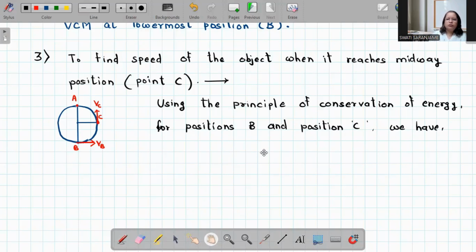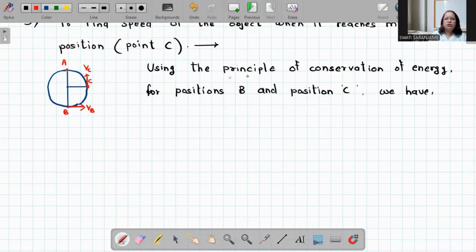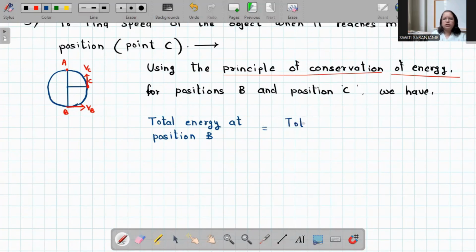We know the principle of conservation of energy: total energy at position B is equal to total energy at position C. So let's write that. Total energy at position B is equal to total energy at position C. Total energy, of course, possessed by that object which is performing vertical circular motion.